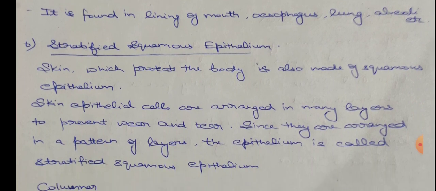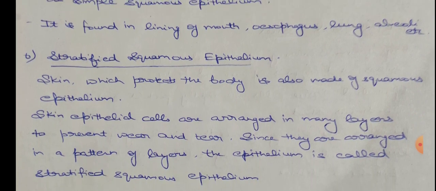Now next is stratified squamous epithelium. Getting, students? Stratified squamous epithelium. Skin which protects the body. I told you that the skin also has squamous epithelium, but a different kind, not simple squamous. Skin epithelial cells are arranged in many layers to prevent wear and tear. Since they are arranged in a pattern of layers, the epithelium is called stratified squamous epithelium.